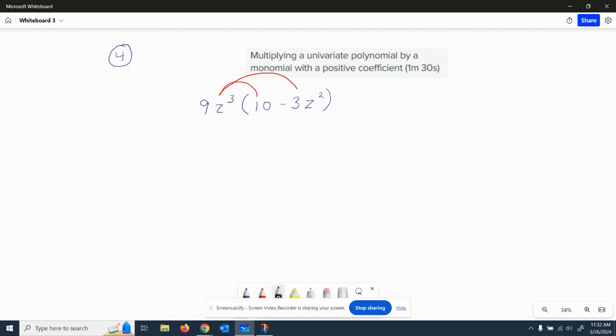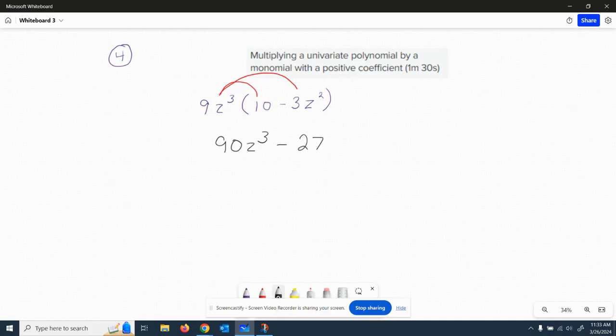All right, I do this on the left. 9 times 10 is 90. And then we just bring over the z cubed. That's all we do there. Gets a little trickier on the right side. All right, we see that we get a positive times a negative, so we know this is going to be minus. 9 times 3 is 27.